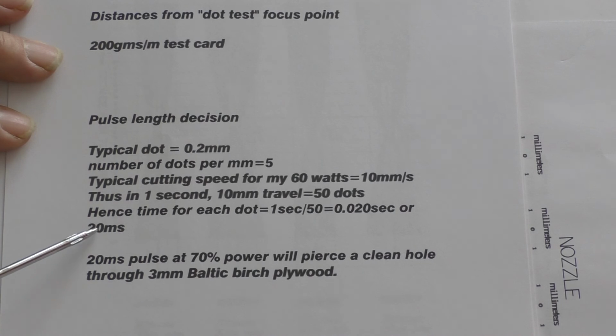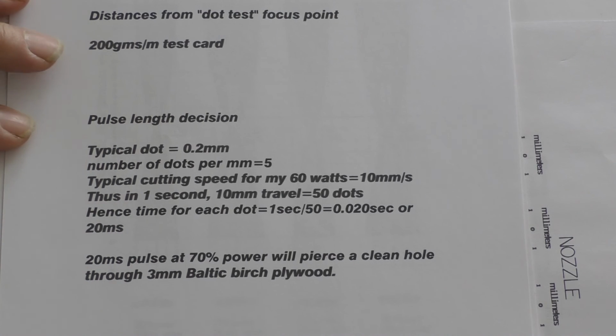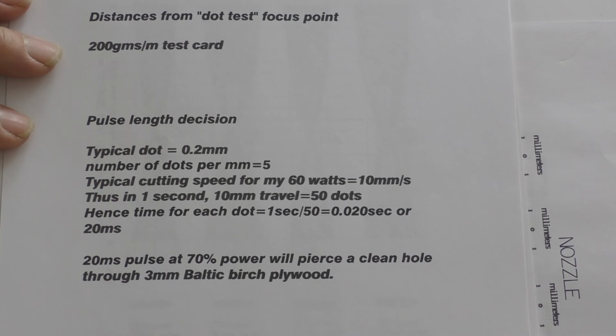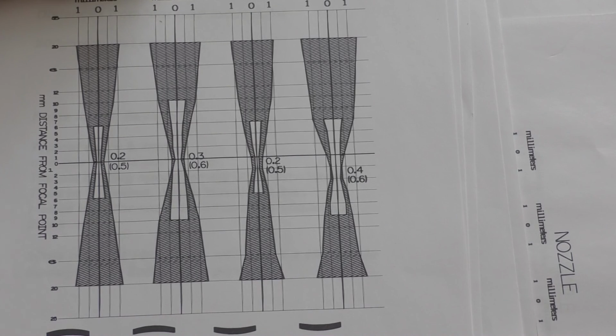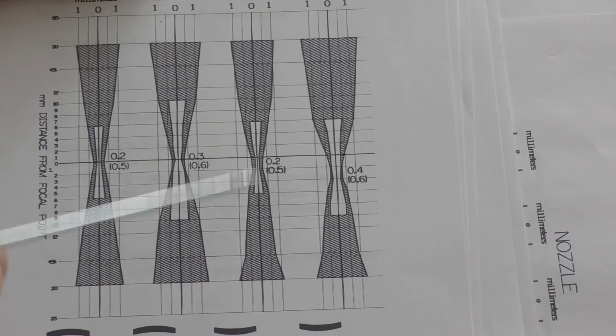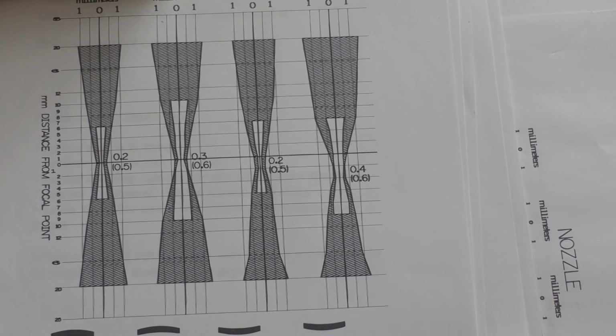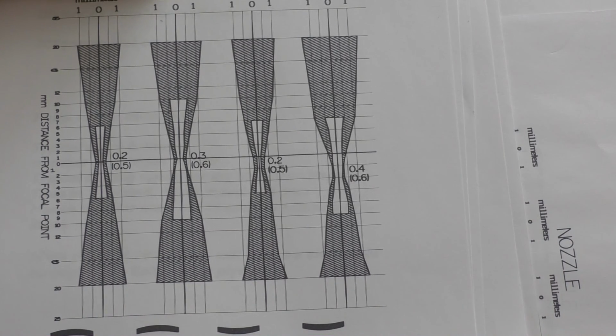So that is why I chose 20 milliseconds for a pulse length. Okay, now that gave me pretty reasonable results on my card. Well, here is a 2-inch meniscus PVD lens, and used the wrong way up, here are the 2 maps, low power and high power, but using a 20 millisecond pulse.